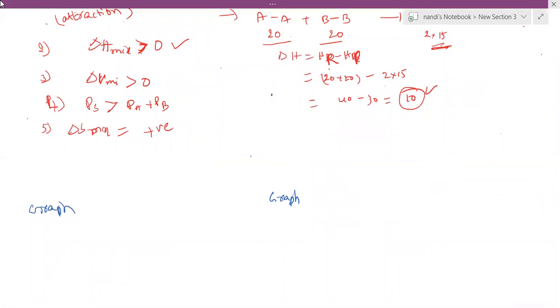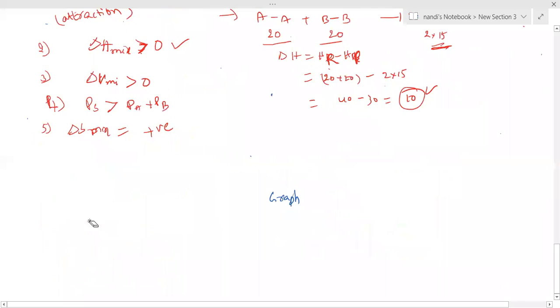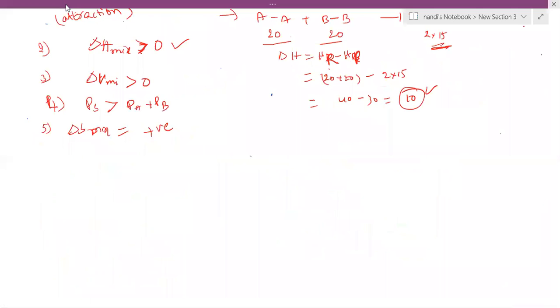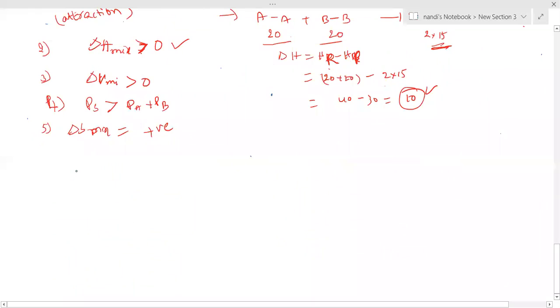Now we draw a graph for positive deviation, or exactly the opposite, a negative deviation. That is what you are going to do. So you can draw the positive deviation graph. Positive means everything is more than the expected value.